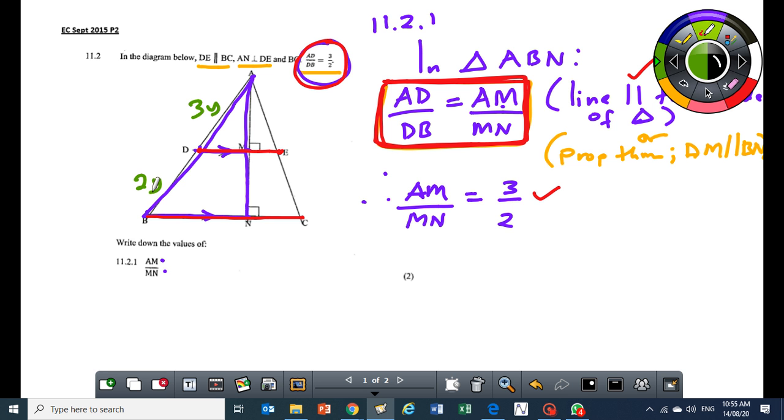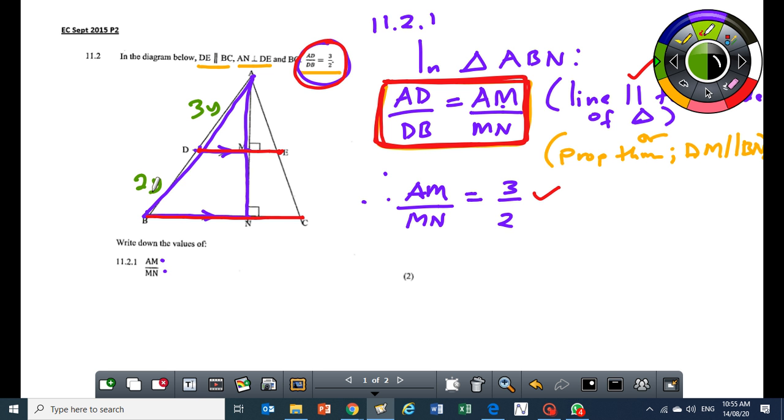The one for AM, I'm not going to be worried about it because I want to use triangle ADE. First I have to prove that triangle ADE is similar to triangle ABC. So I'm going to use triangle ABE and triangle ABC.